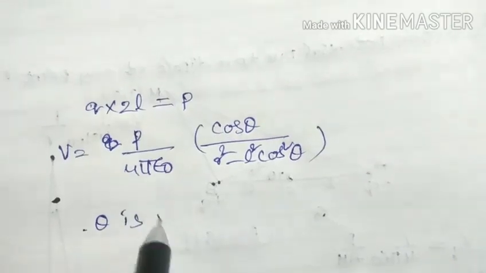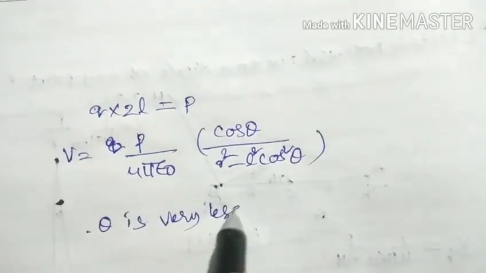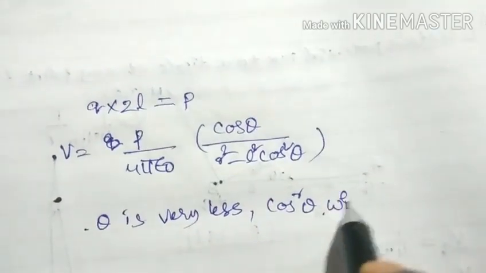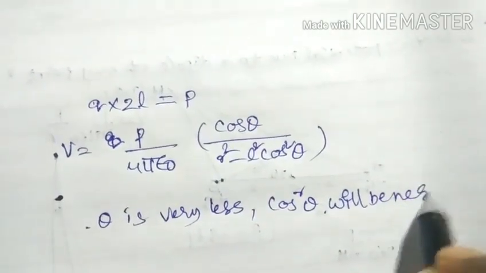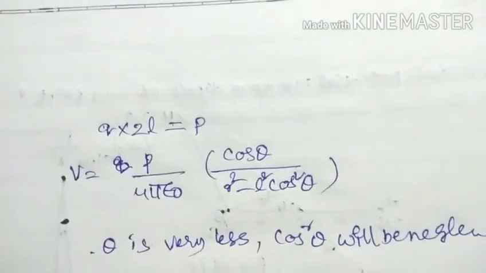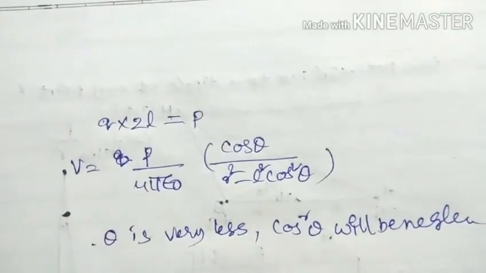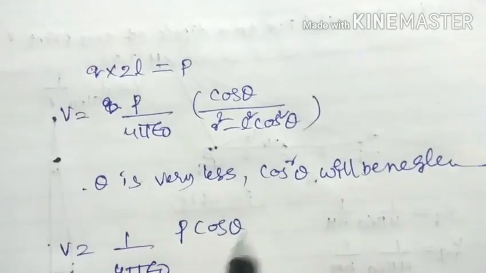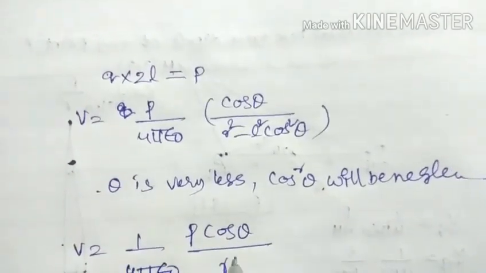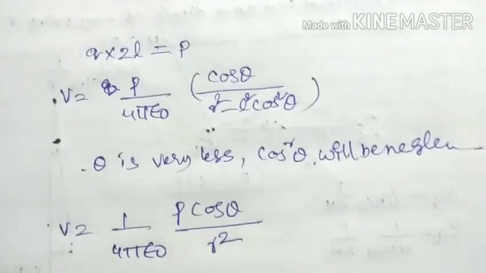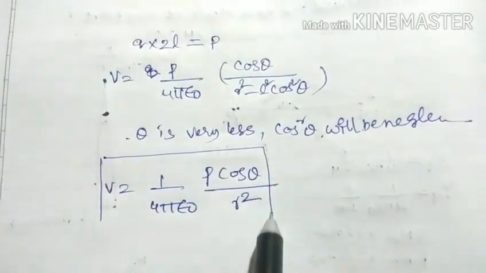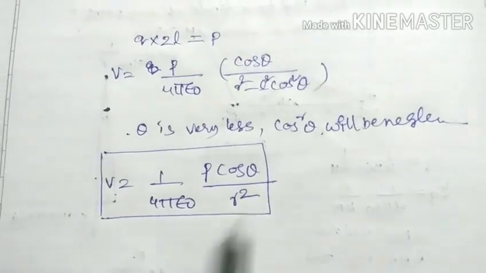Here theta is very small, so cos square theta will be neglected. So we can write V is equal to 1 by 4 pi epsilon naught, P cos theta by R square. This is the equation for electric potential due to a dipole at any point.